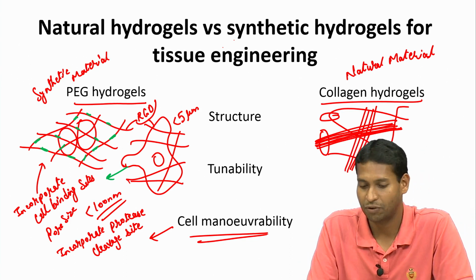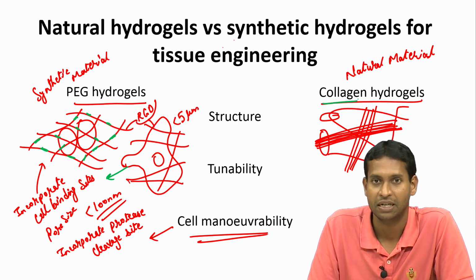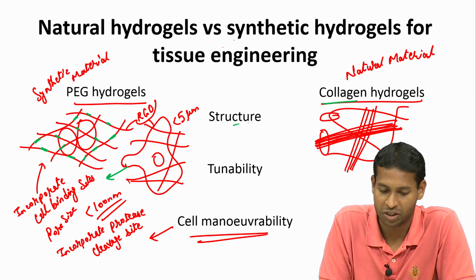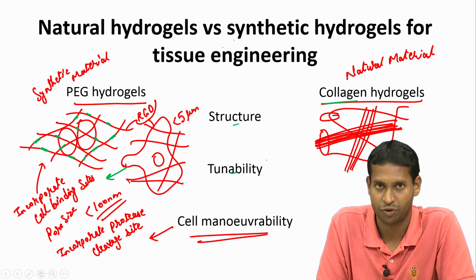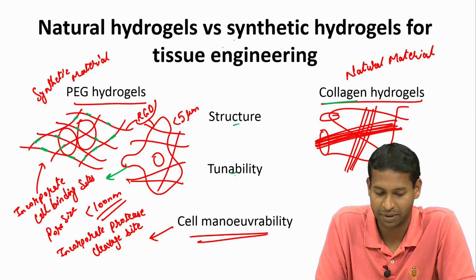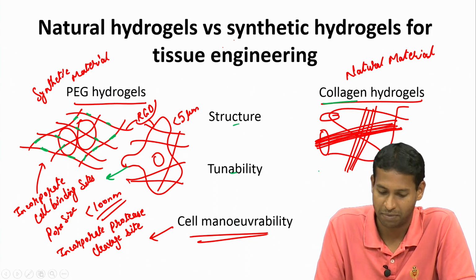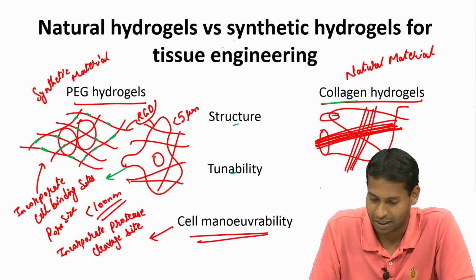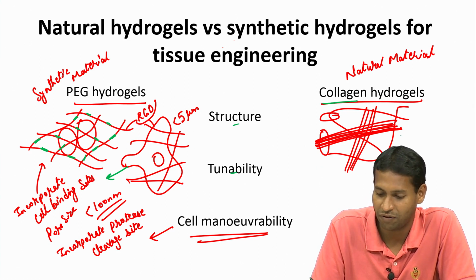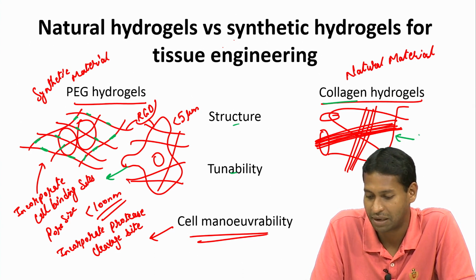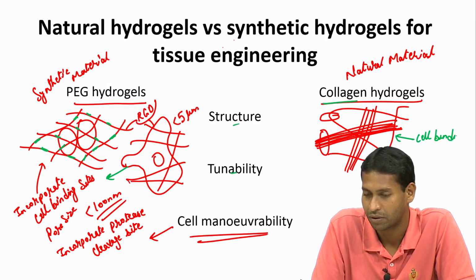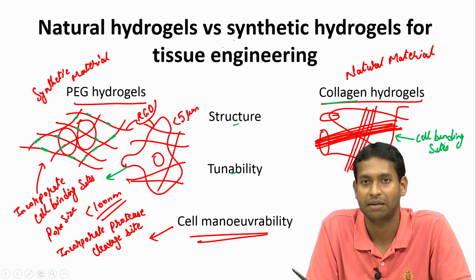Now, let us compare to what happens with the collagen hydrogels. We already talked about the structure and the tunability. Structure is described here. Tunability, you get a better response from synthetic hydrogels, but when it comes to cell maneuverability, most ECM proteins have a certain cell binding site.